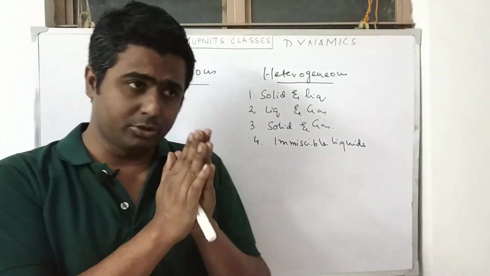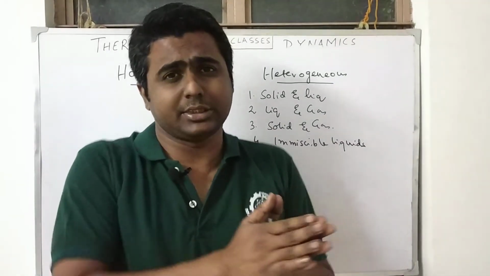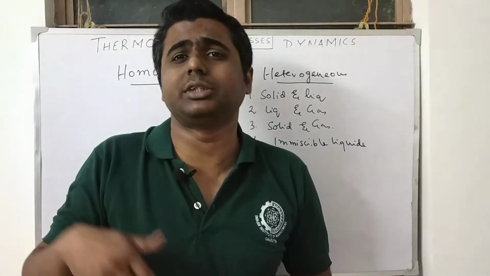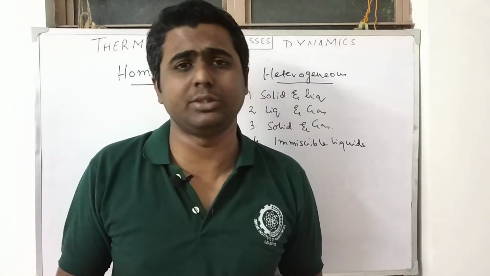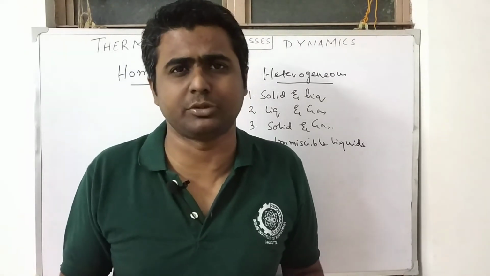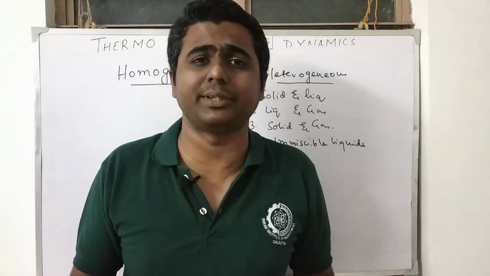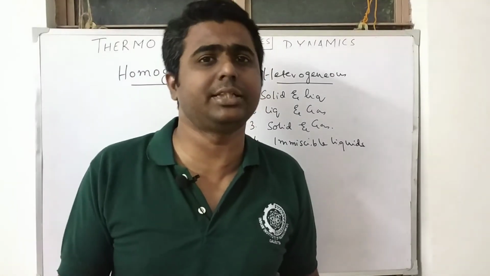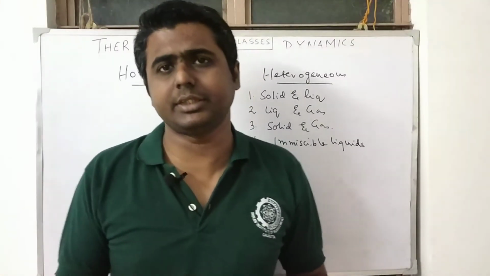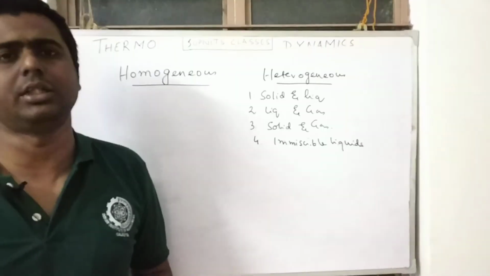So those are called something, and some properties are there which do not depend on amount of substance, like pressure and temperature. अभी 1 kg वाटर दो या 10 kg वाटर दो, उसको प्रेशर तो सेम रहेगा. स्पेसिफिक हीट कैपेसिटी 1 kg के लिए 10 kg के लिए सेम है, लेकिन हीट कैपेसिटी 10 kg और 1 kg के लिए सेम नहीं है. दिस काइंड ऑफ थिंग्स वी आर गोइंग टू डिस्कस इन आवर नेक्स्ट सेशन.